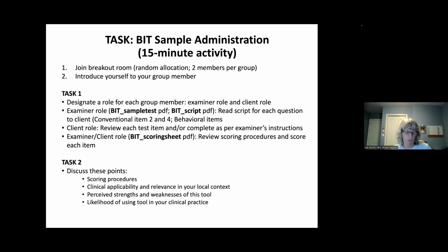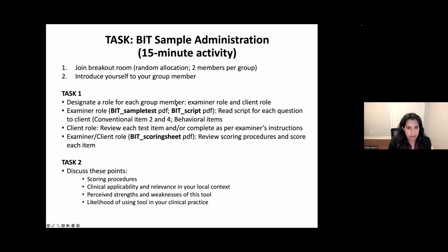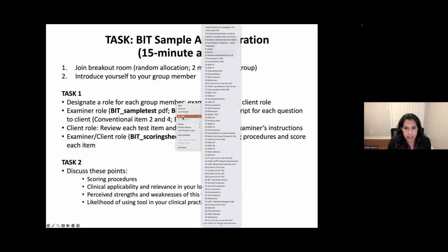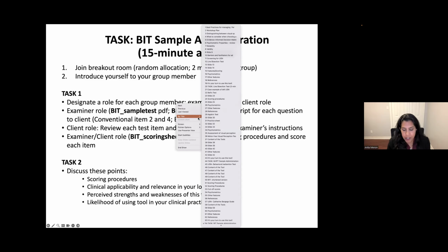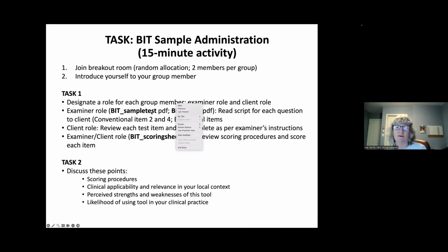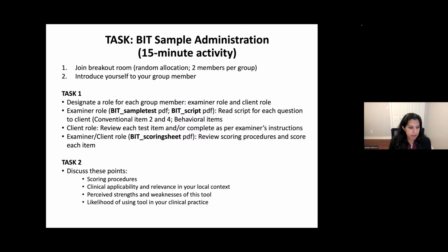What slide number are you on in part 2? Yeah, one second here. I'm on slide 64. Okay, someone's just trying to catch up with the handouts. Yeah, so I'm on slide 64 of day 2's set of slides. So we're set for the breakout rooms. How long are you giving them, Anita? Yeah, 15 minutes, just to go through a few items from the BIT.